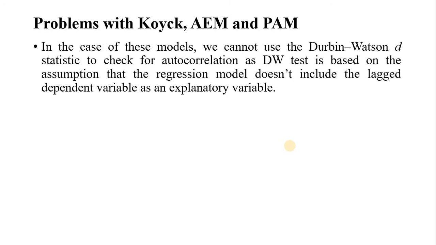When we discussed the Durbin-Watson statistic, we said that it is based on one assumption: the regression model does not include the lagged dependent variable. That means Durbin and Watson assume the absence of a lagged dependent variable as an explanatory variable.